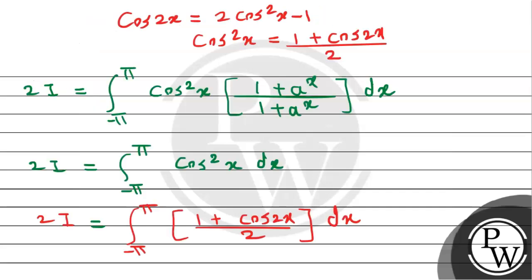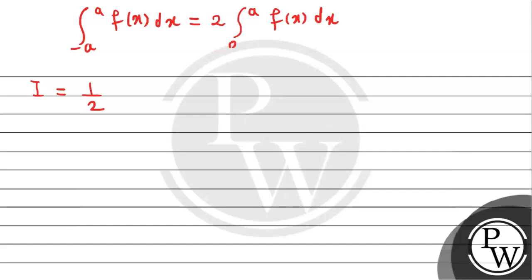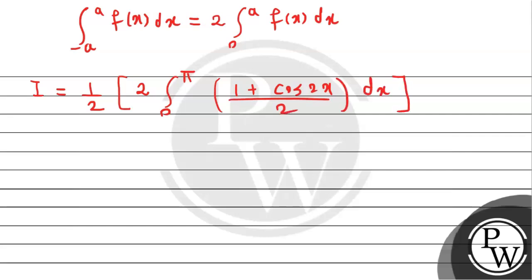Here the function is cosine of x, and cos x is always an even function. So using this property, the 1 by 2 is there, and along with it we get 2 times the integration of 0 to pi, and inside the bracket 1 plus cosine of 2x divided by 2 will be as it is, dx.